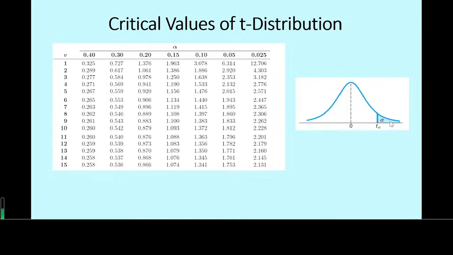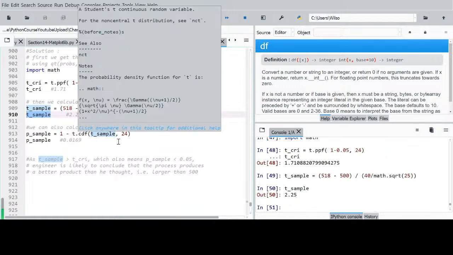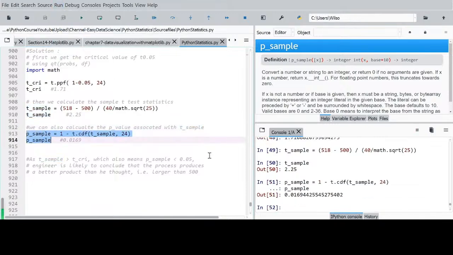So we can calculate the probability, the shaded probability associated with this test statistic here, right? So we can use the CDF function now. t.cdf of t sample, then use 1 minus that to calculate the probability, and we get this p value.